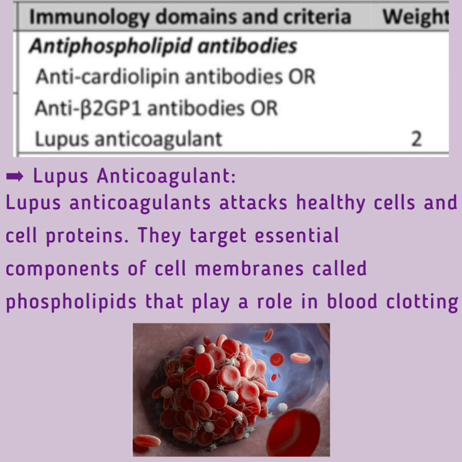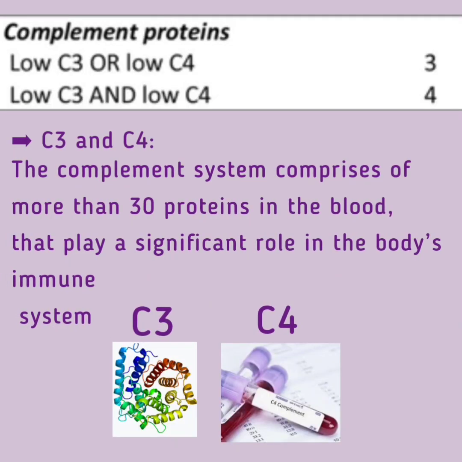So all three of these play a role in blood clotting. Complement C3 and C4 is a system in the body that comprises more than 30 proteins that play a significant role in the body's immune system.